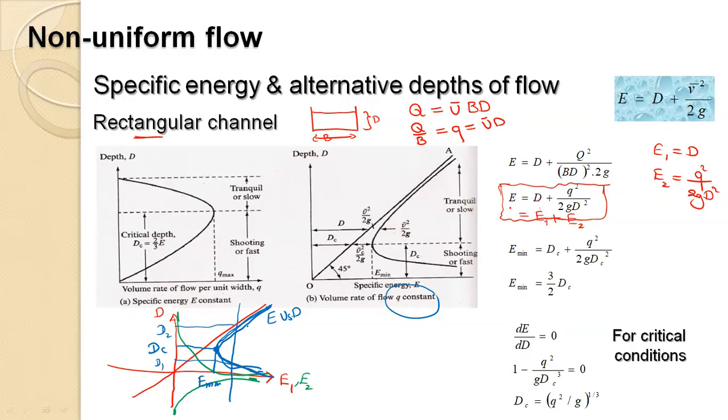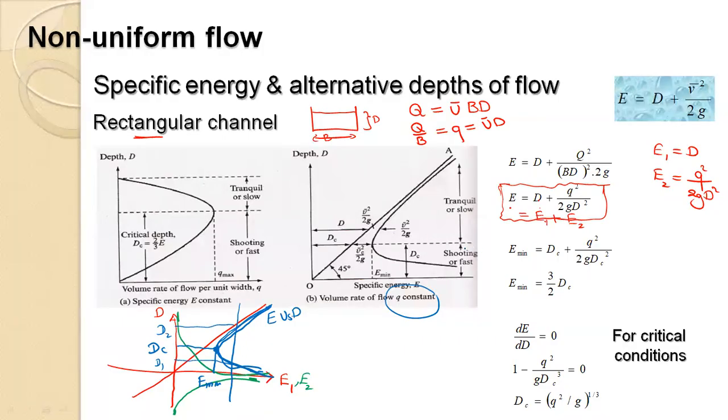Other than that, in non-uniform flow, for a given specific energy, it can have two water depths. You're talking about the same specific energy and the same discharge, so you can have two water depths depending on the flow conditions. Remember that for a given specific energy, the solution will have two corresponding water depths.